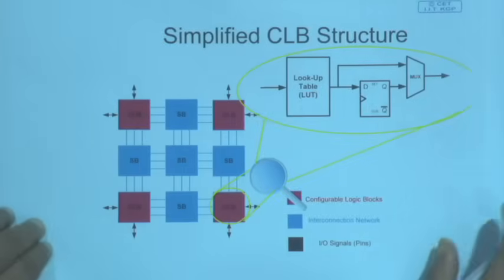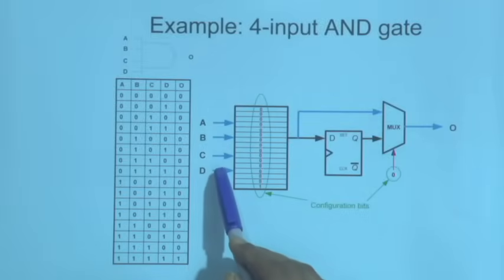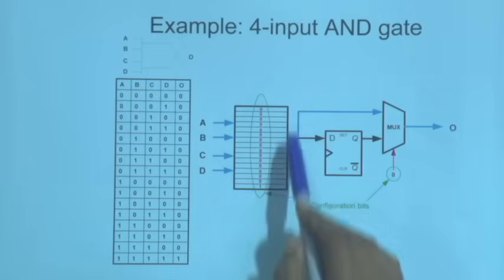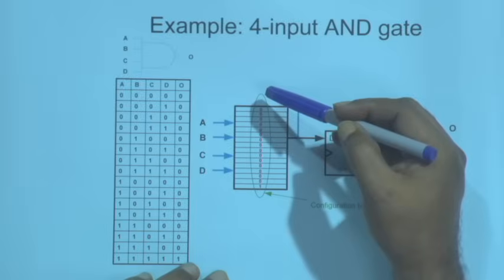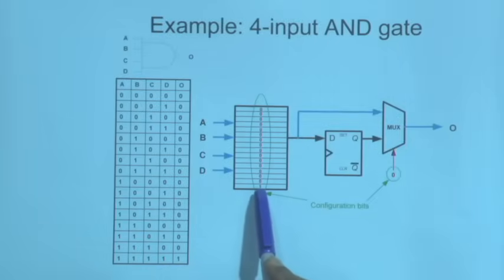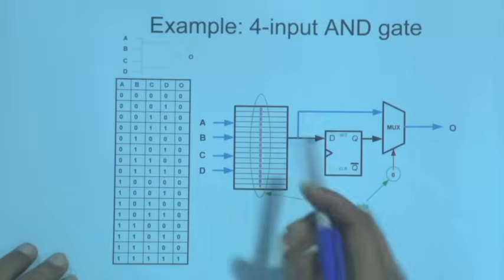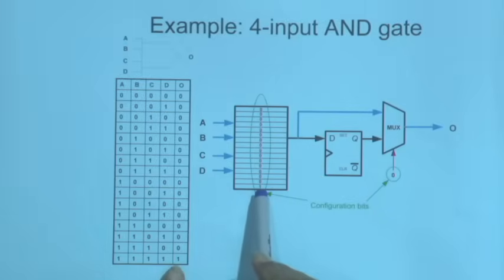So, now if I feed A, B, C, D as the address of this lookup table, and this lookup table is programmed to have only this bit as 1, and all these are 0, 0, 0, 0, only this one is 1, because here only this one is 1, this is the output combination, right.